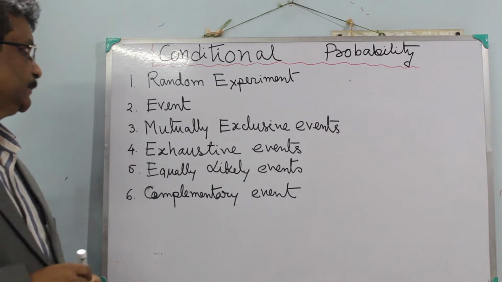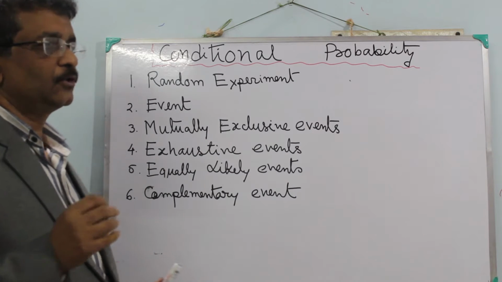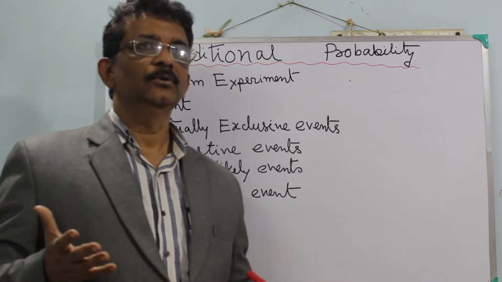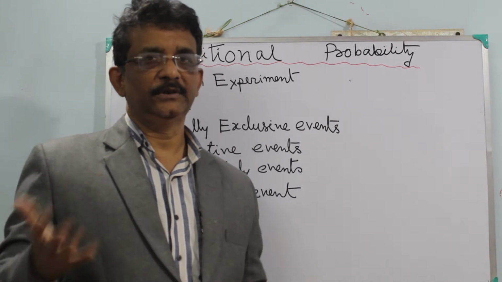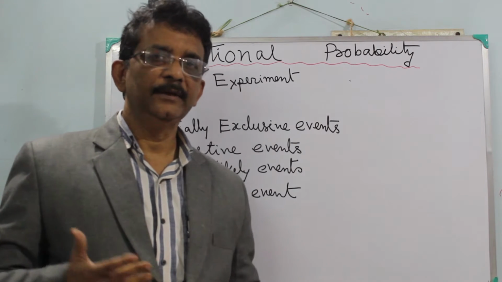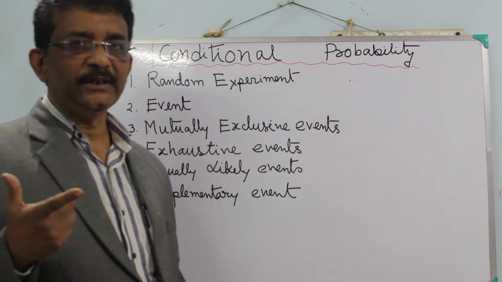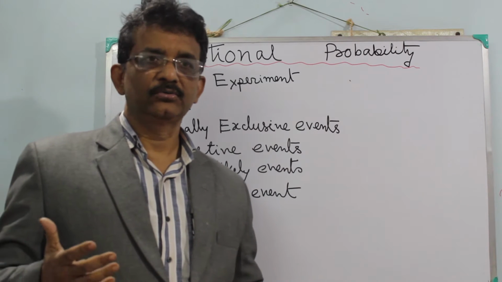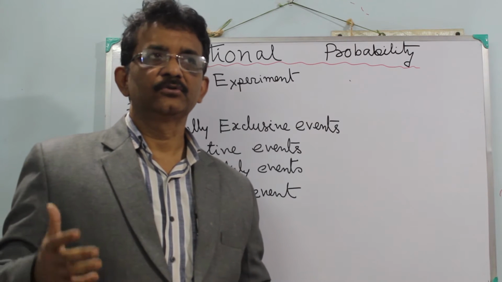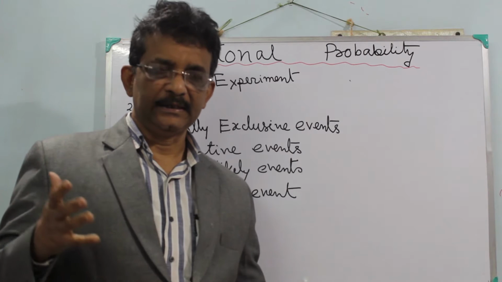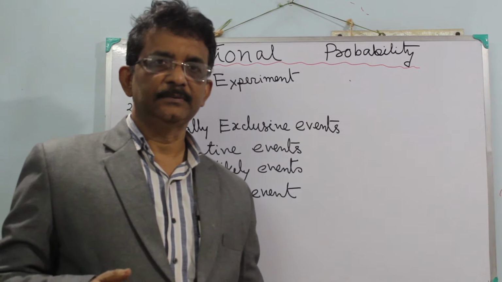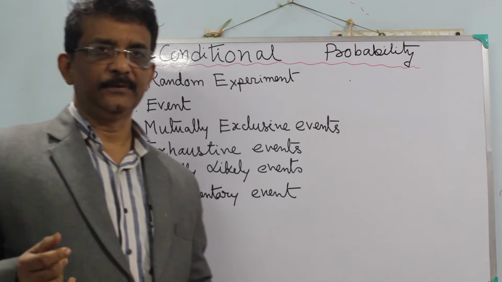Like tossing a coin, we know the result is either head or tail and any one may happen. Or throwing a die, or throwing two dice. These are examples of random experiments.